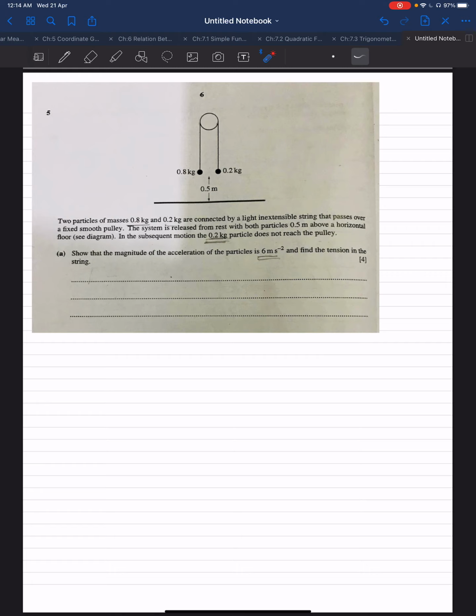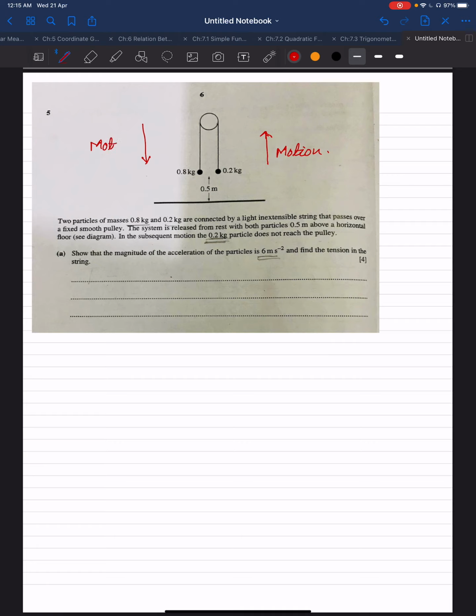Obviously, when the system is released, this is the heavier object and this is the lighter object, so the motion will be in this direction. This one will move upwards and this body will move downwards.